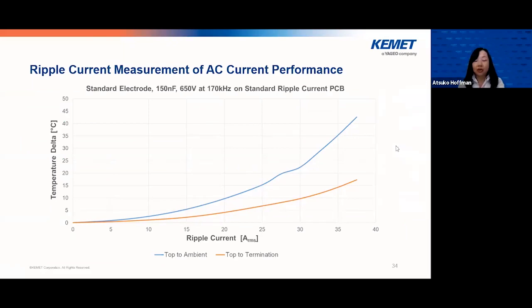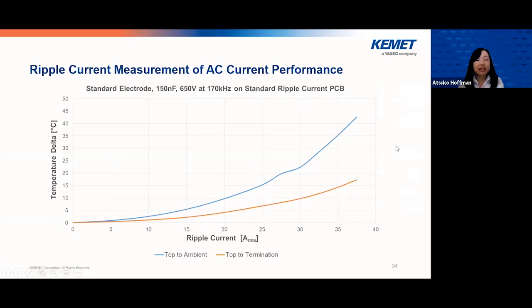Okay. So the ripple current measurement plot looks at temperature difference between top of the part and one of the termination. And that helps us to understand how easy the part can have heat removed from it.